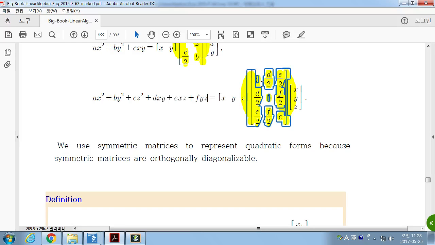If you find the orthogonal diagonalization, since this matrix is orthogonally diagonalizable, you can always find a similar diagonal matrix, which is orthogonally similar to this matrix. Which means you can easily have a diagonal matrix without any crossing term by using the similarity.